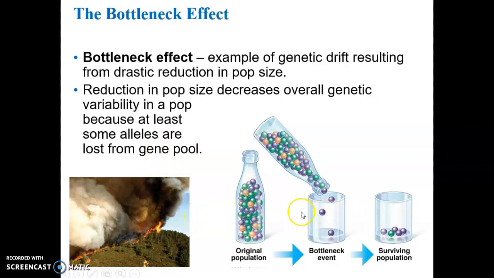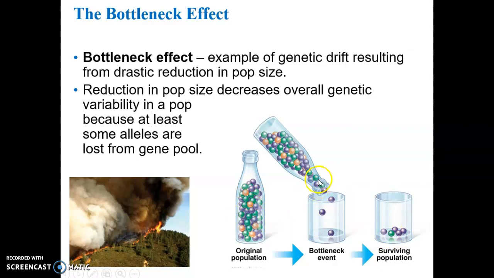So the analogy here with a population of individuals, the little beads, and the different colors indicate different alleles. So with the bottleneck effect, referring to most of the individuals perishing and only a few survive, the surviving population more than likely is not going to have the same distribution of alleles as the original population.